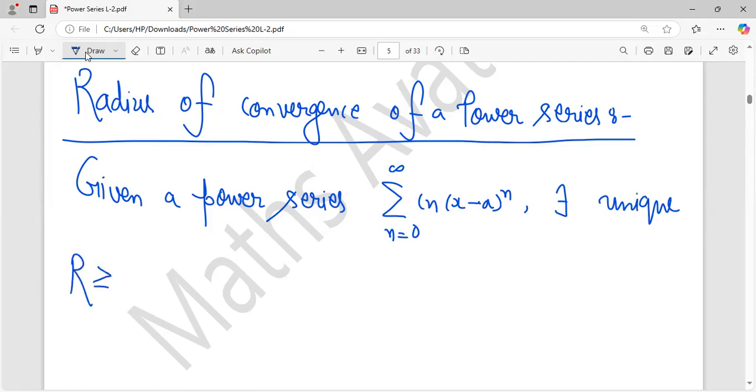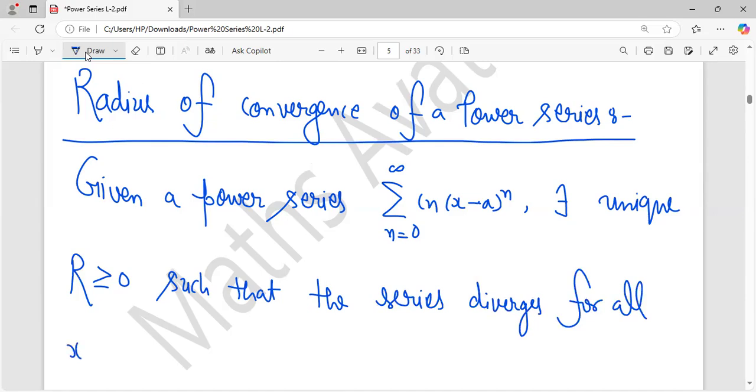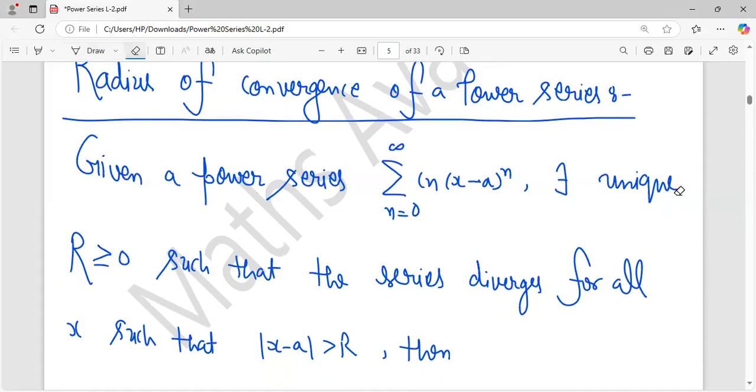R greater than or equal to 0 such that the series diverges for all x such that the absolute value of x minus a is greater than R. Or you can say there exists a smallest one only, it will be enough because the smallest number is always unique.